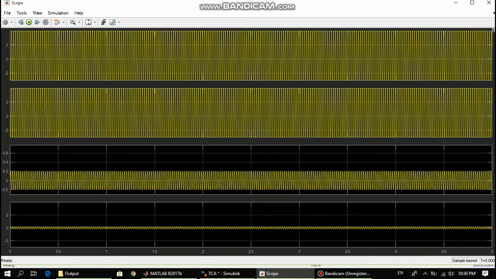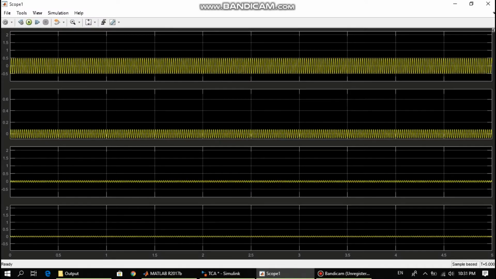So we notice that the waveforms of the 10 ohm resistor and the capacitor are much wider than those of the inductor and the 5 ohm resistor. And this is the waveform for the current, and the orientation is the same. And you can notice that all the waveforms are sinusoidal.